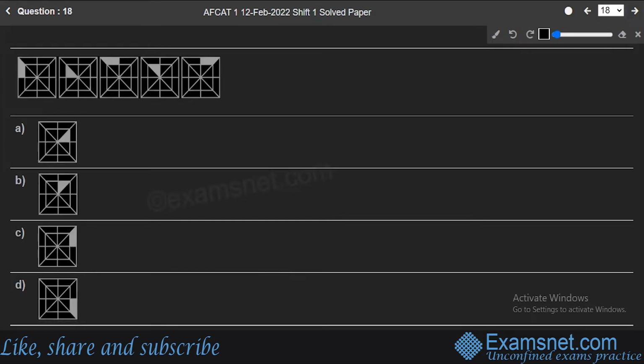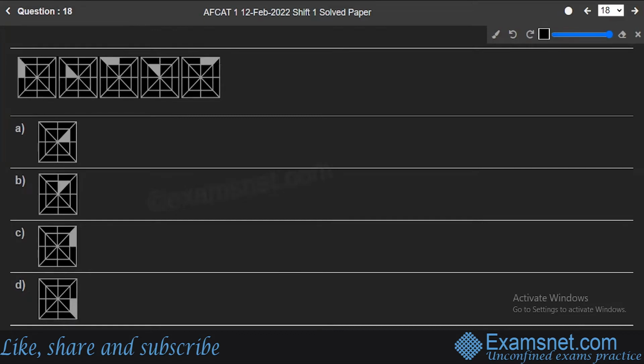Over here, you have to find out what will come next. See, at every odd and even position, the shaded portion is moving in a clockwise direction. See, this is the portion, and then it will move clockwise over here, then clockwise over here. This is the shaded portion. It has moved from here to here.